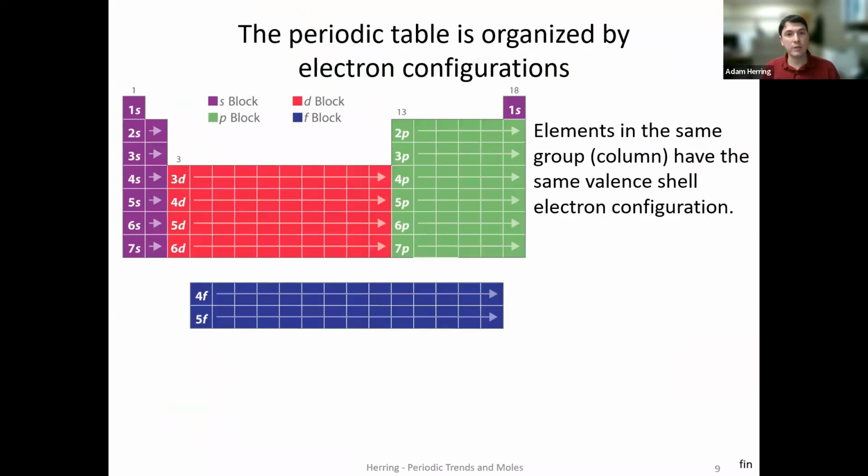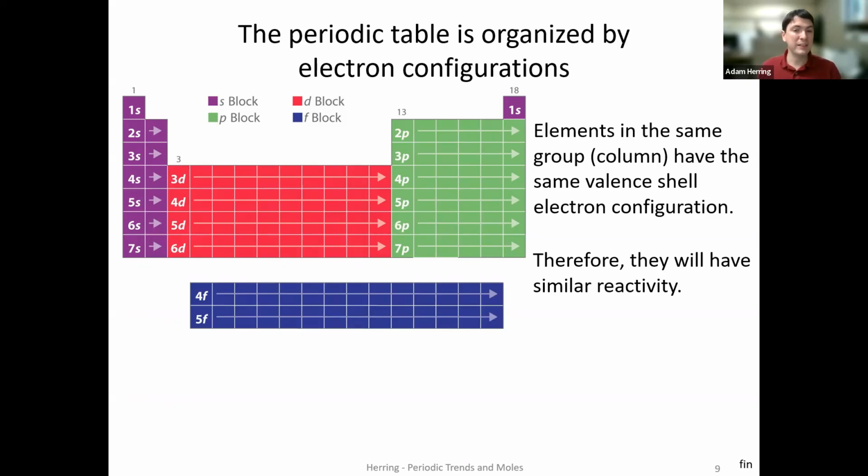Okay, the last thing we want to look at here is how the difference in size for these elements within the same group affects their reactivity. As I've mentioned before, elements in the same group have the same valence shell electron configuration. What that means is that they have the same number of valence electrons, and therefore they behave similarly to each other.